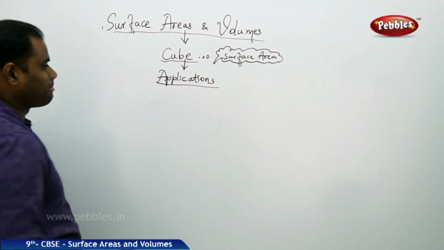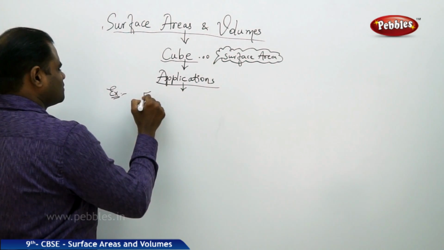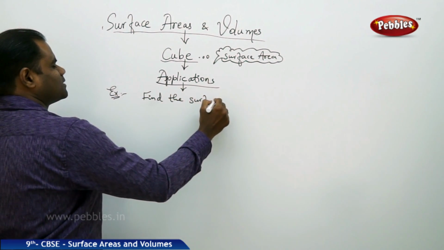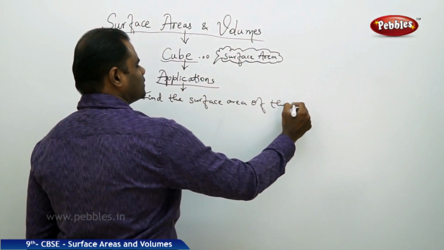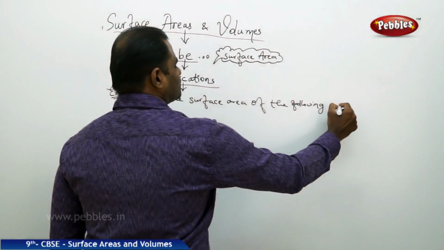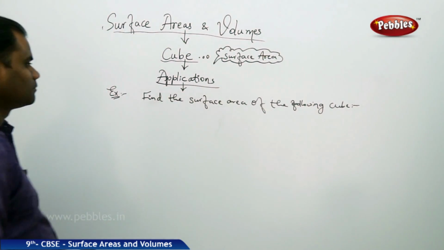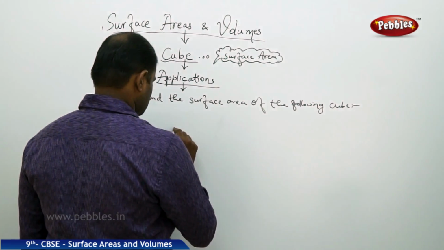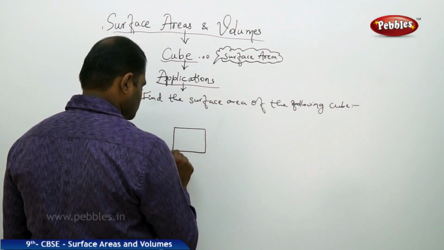Now here I have a question which says, find the surface area of the following cube. So here I have a cube.